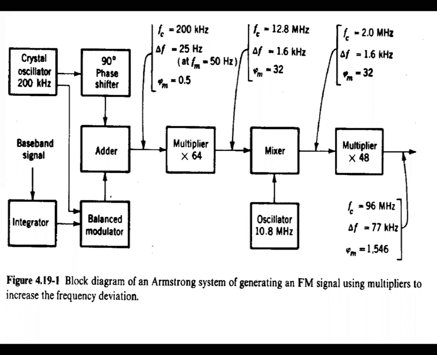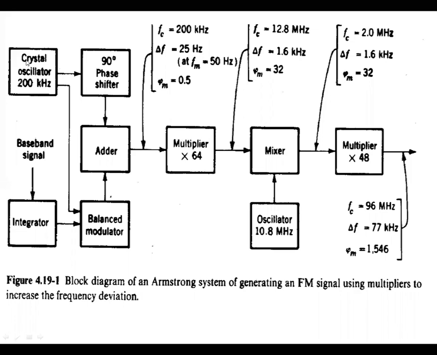So here you can see in the block diagram, a crystal oscillator generates stable oscillations at 200 kHz frequency.